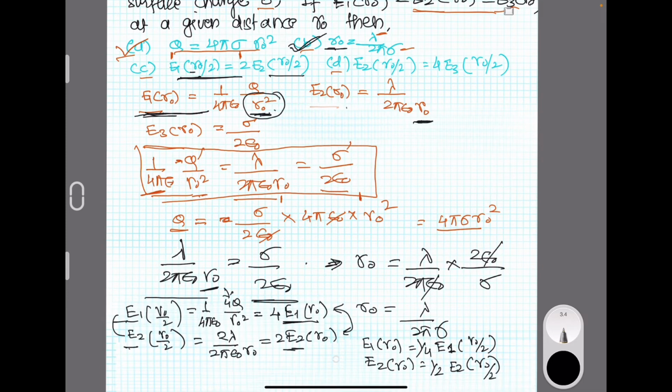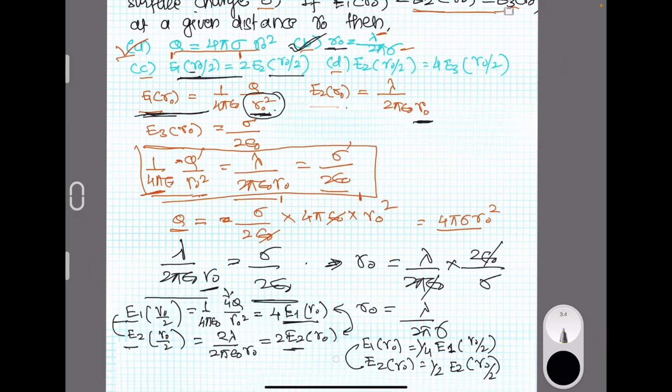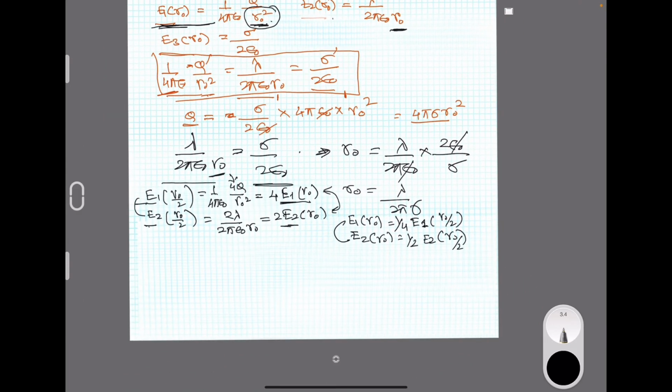Okay, and if we equate these two, we will have a relation between E1 of R naught by 2 and E2 of R naught by 2.